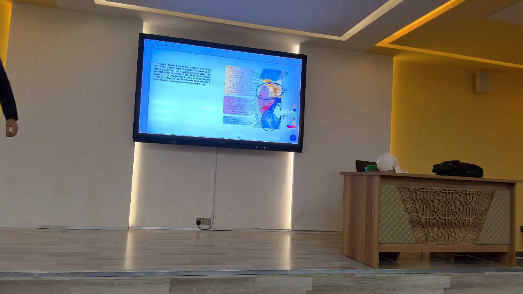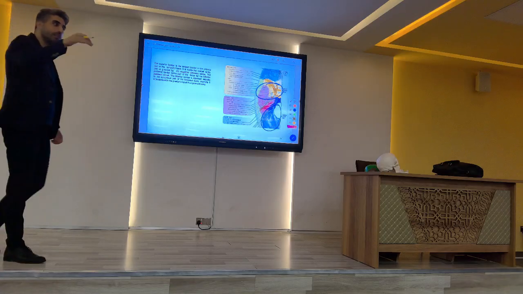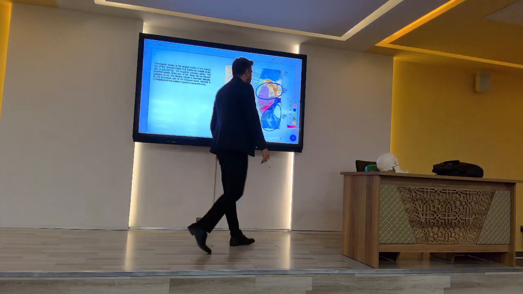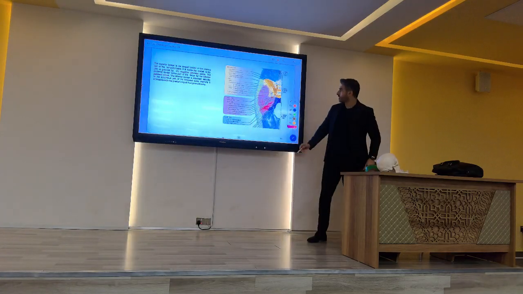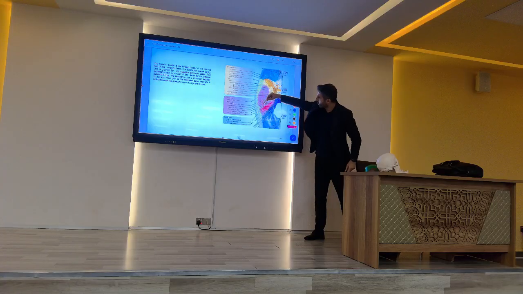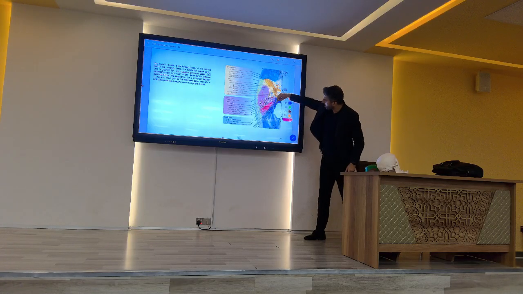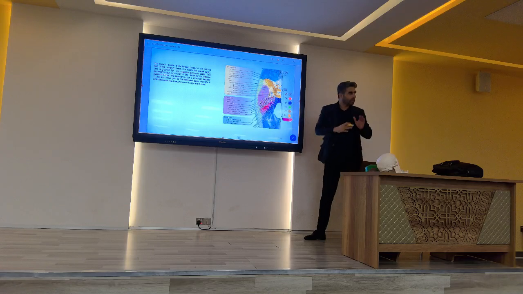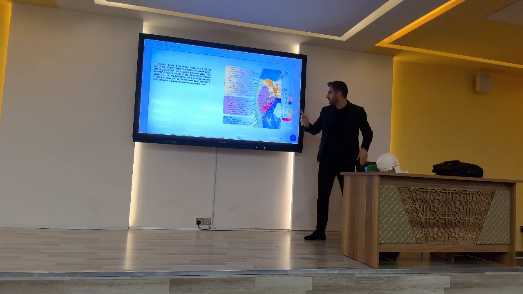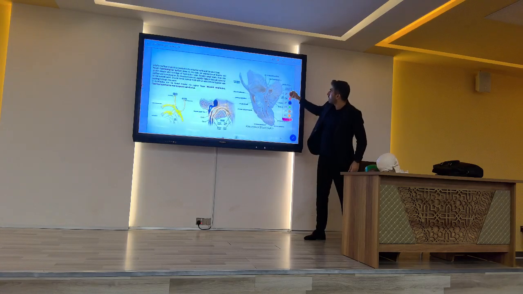In each surface, you have different structure. For example, in anterior surface here, we have some structure. In posterior surface here, we have different structure, and also in inferior surface here, we have other structure.